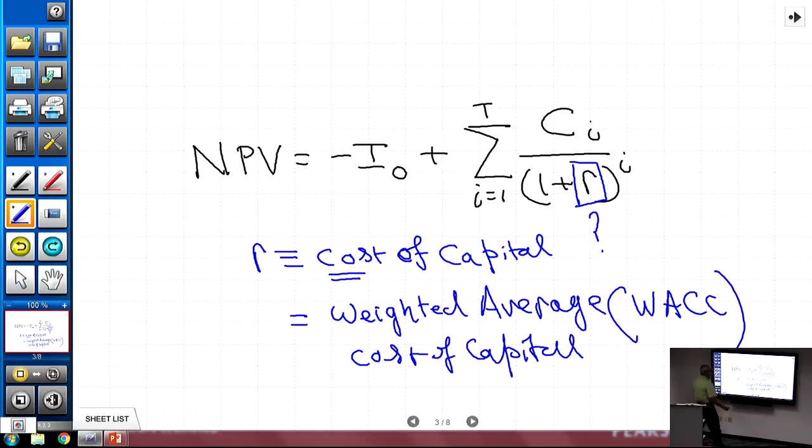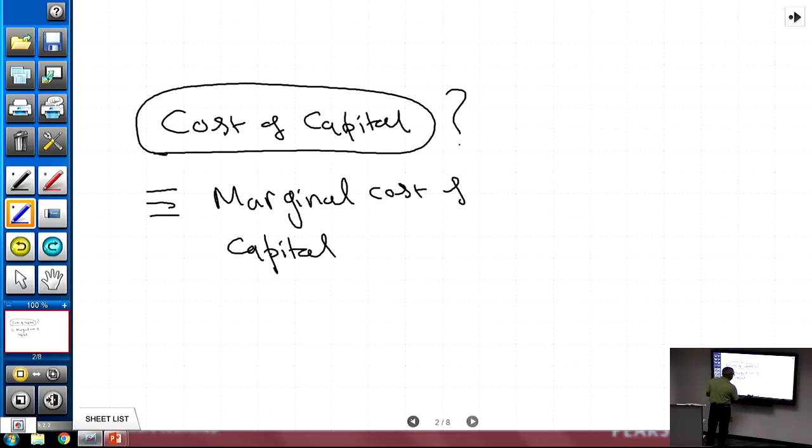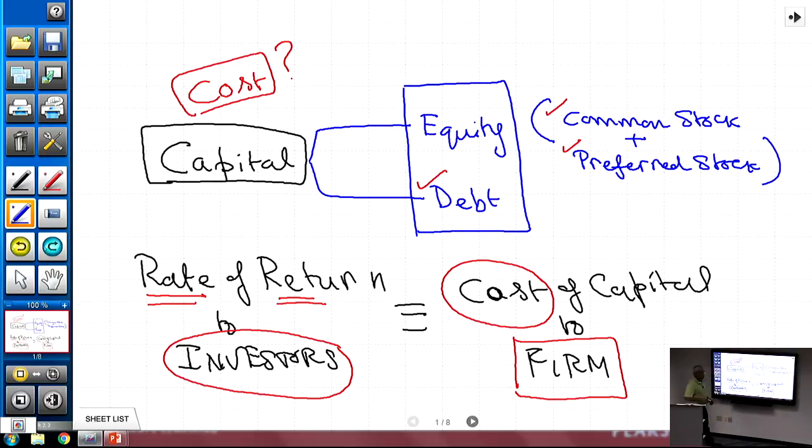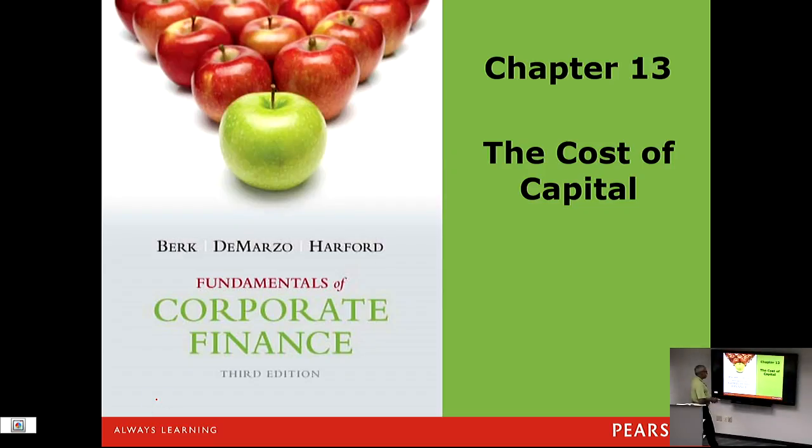We call it the weighted average cost of capital because we recognize that capital is made up of different sources, equity and debt, and we are going to calculate cost of capital in a manner that provides us a weighting, an averaging of the component parts of capital. So we have to average, and the method by which we will do it is the weighted average method. So let's take a look at how this works.